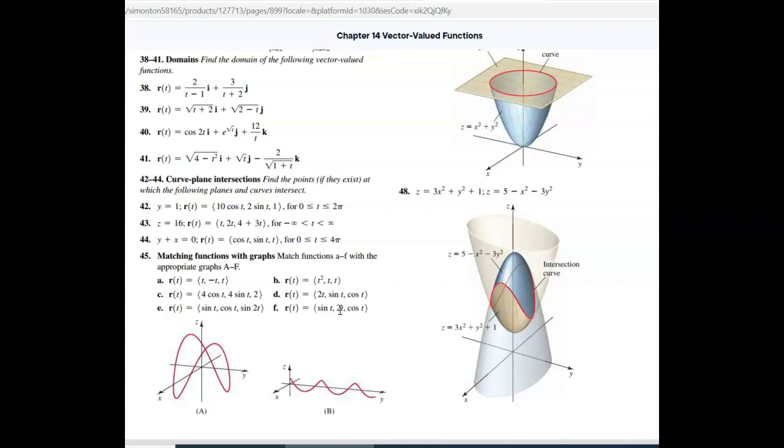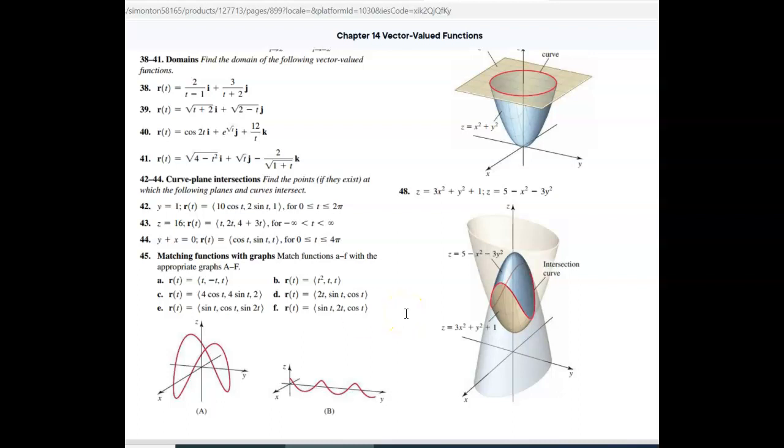So that's why it's not just a circle sitting somewhere, but it's a spiral like this that moves out. If you were to project this back onto the xz plane, it would form the unit circle formed by the sine t and cosine t. Okay, so that's kind of what you're looking for in terms of graphing three-dimensional vector functions as opposed to two-dimensional.